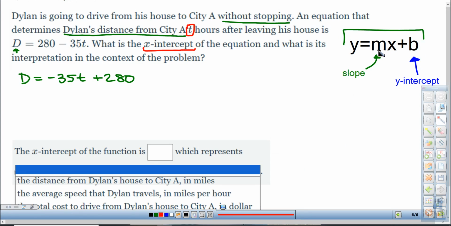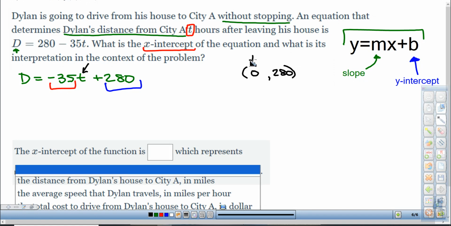So we can already see then that my slope is the negative 35, and we can see that my y-intercept is 280. Now, one thing to remember about a y-intercept is that the x value, the input value, would be 0. And so this y-intercept of 280 could be written as an ordered pair, like this.